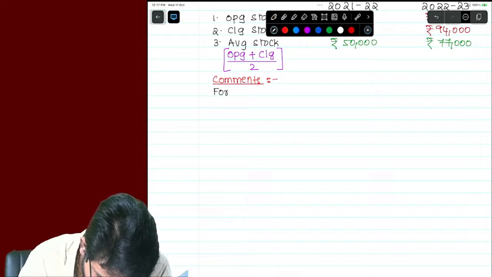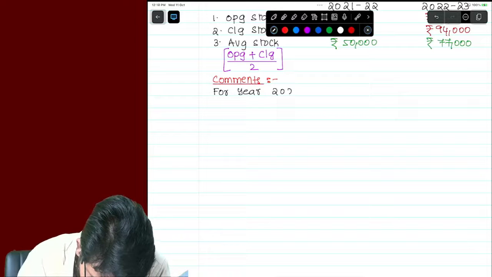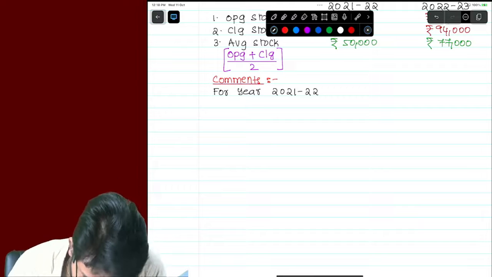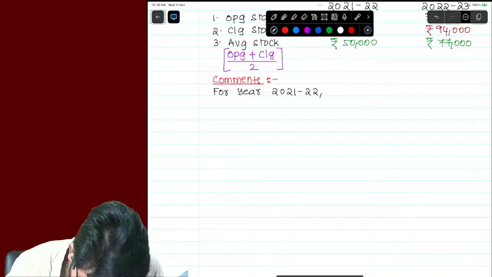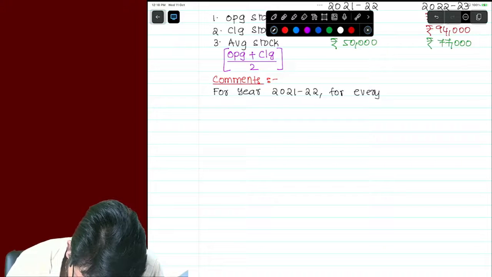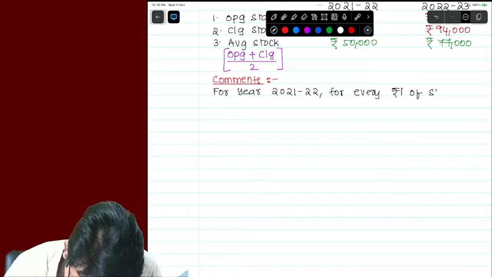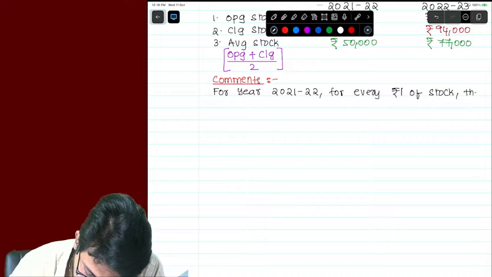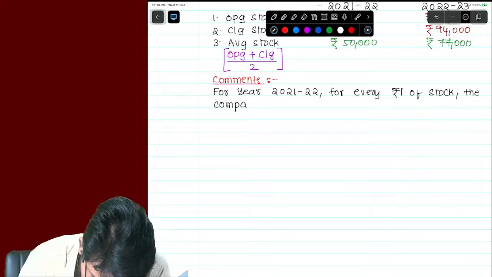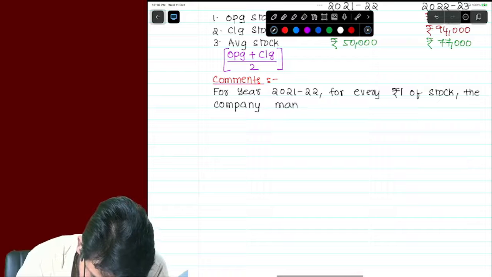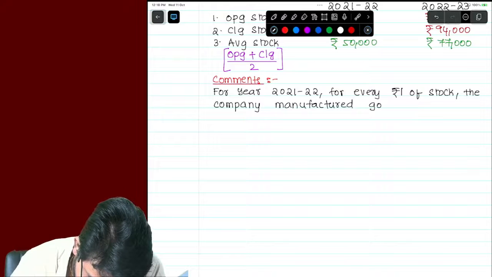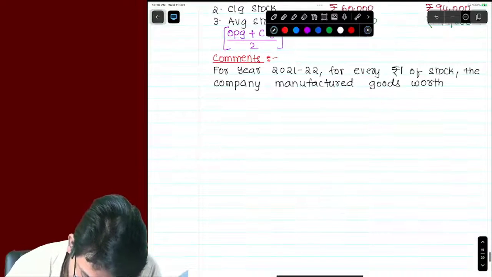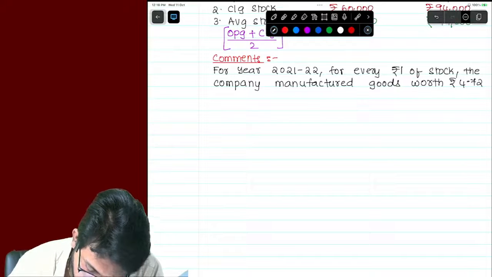For the year 21-22, for every rupee of stock, the company manufactured goods worth rupees 4.72.